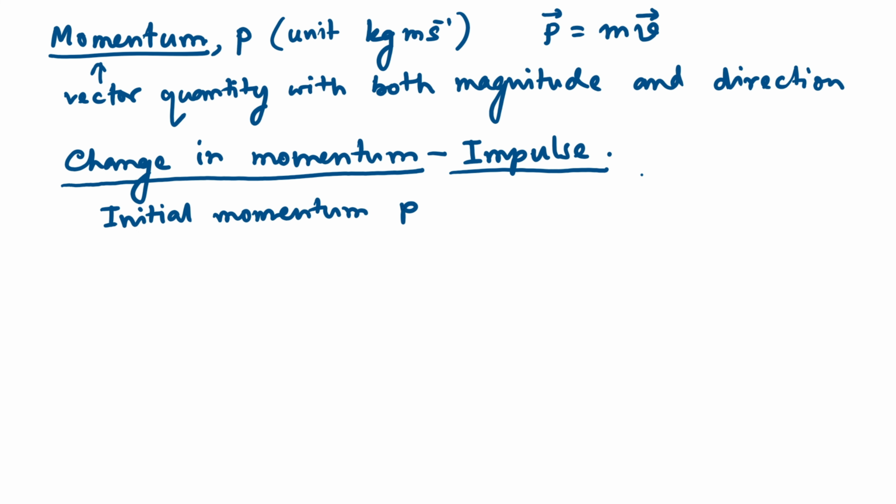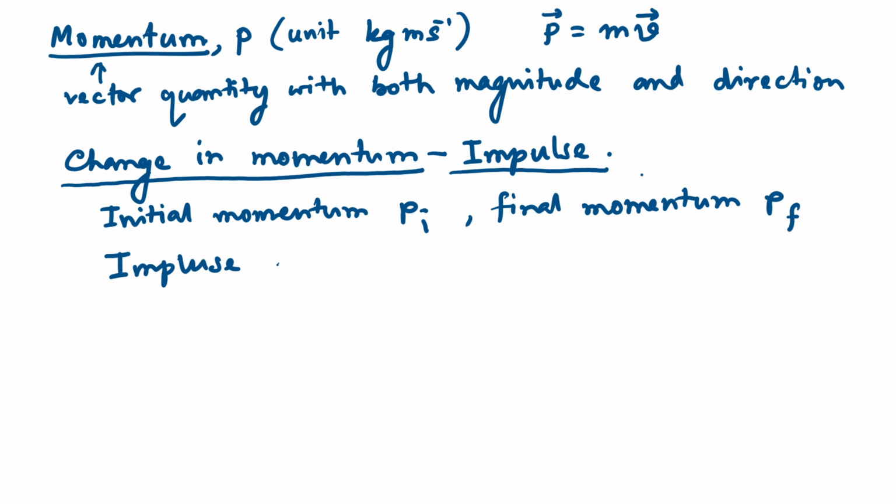Its initial momentum is pi, and its final momentum, so something happened and its momentum changed and its final momentum is pf, then the impulse or the change in momentum is delta p, which is always the final minus the initial momentum.